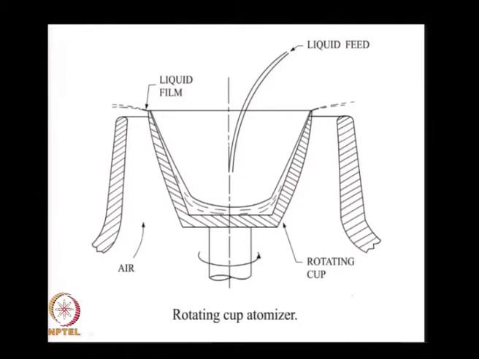Just imagine it like it is shown in the schematic, we do not have to get very fancy with this. If I keep dripping water into the cup and the cup itself is spinning at some angular velocity omega, then water is going to climb up this lip and come out in the form of a spray, in the form of a sheet spilling over the edge.